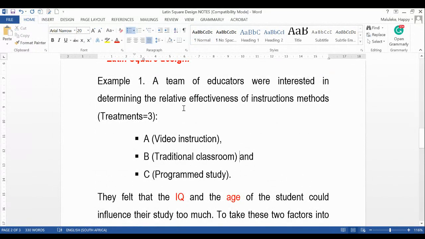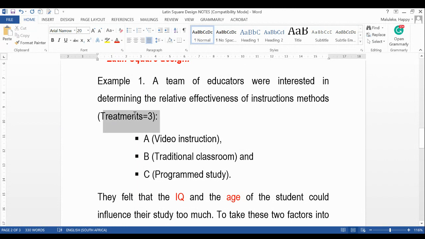So what I was saying here is the question related to Latin square design. It says a team of educators who were interested in determining the relative effectiveness of instruction methods. So if you can check, these educators, their focus is towards what? To check the effectiveness of the instruction method.